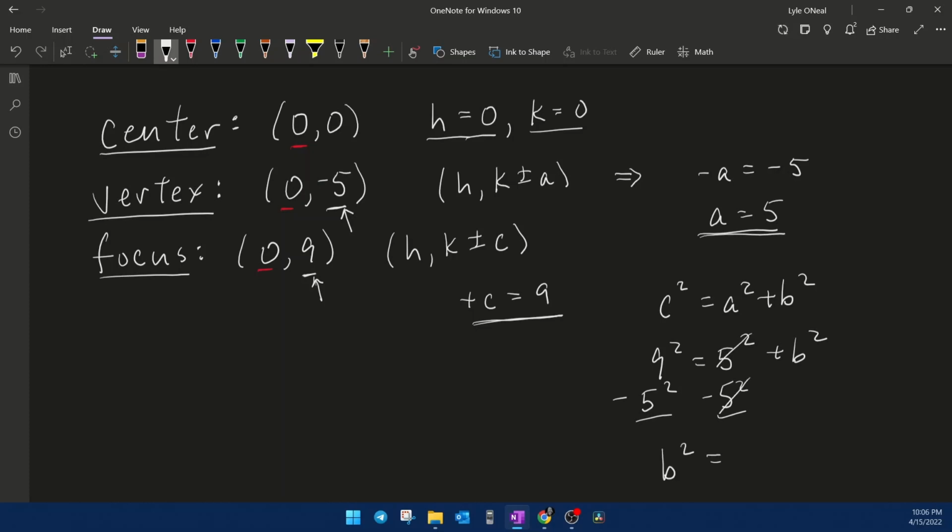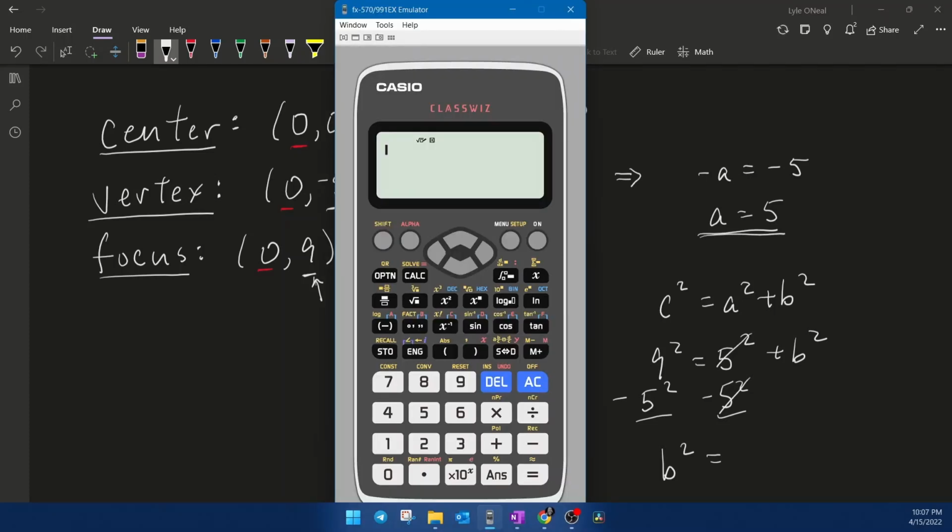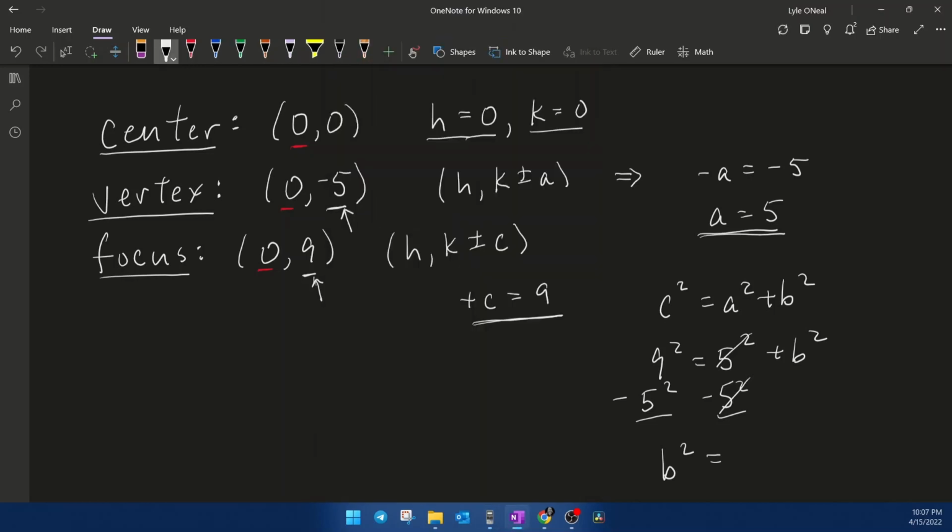And 9 squared minus 5 squared on our handy dandy calculator is going to give us 56. Now remember, you don't need to square root that. What we actually need is b squared. We also need a squared, and a was 5, so that'll give us 25.